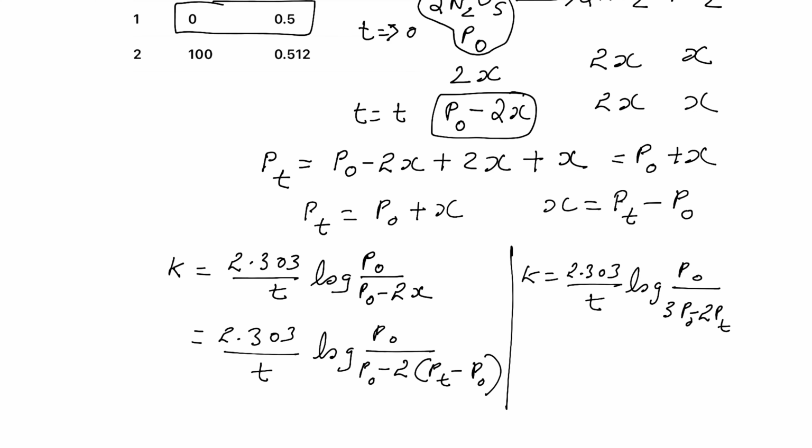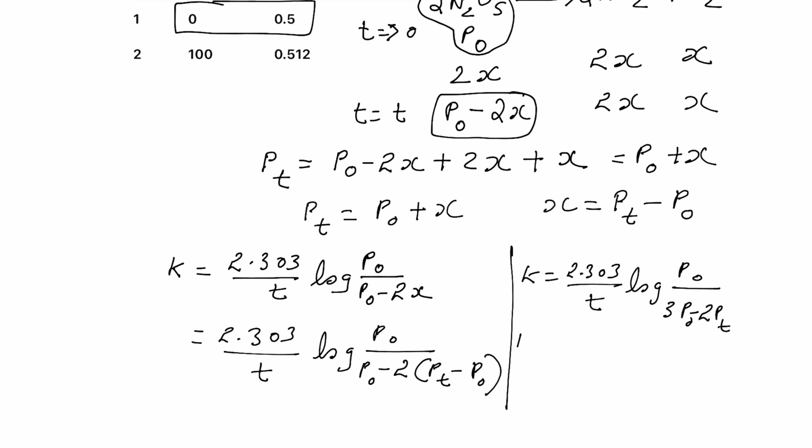Now it is just a matter of substitution. 2.303 by t, what is t? 100. Log, what is P0? 0.5 by 3 into 0.5 minus 2 into Pt, what is Pt? 0.512. Pressure at time t, and t here is 100. Substitute, you will get the answer.